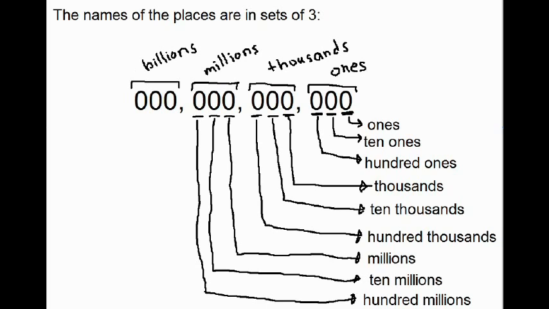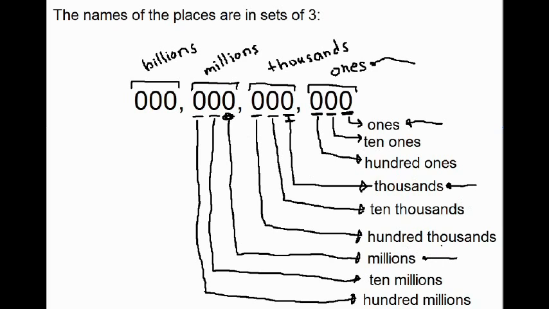Now, you're probably starting to recognize some patterns in terms of the names within the sets. You probably notice that each time it starts with the name of the set. So for example, our first value here is our ones because it's in our set of ones. Our first value here is called thousands because it's the first value in our set of thousands. And our first value in this set is called millions because it's the first value in the set of millions.